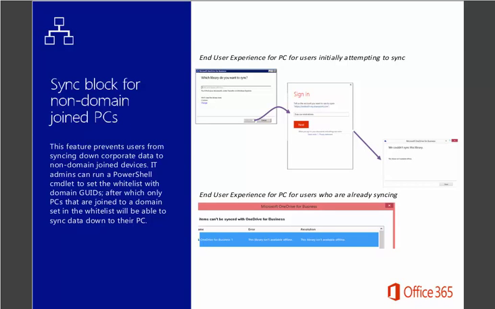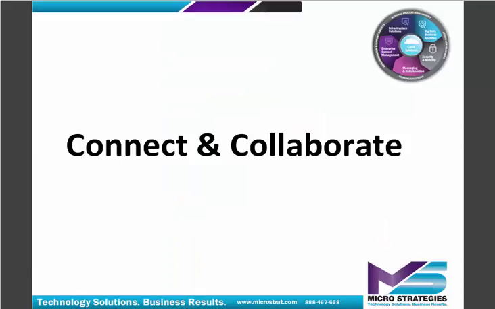So it's fine if everybody has their work laptop and they're synchronizing when they're on the road, they can interact with the content offline. But if you don't want them to be able to go to, let's say, their home PC and start downloading content, automatically synchronizing all the content offline, you can now block it so that only machines that are joined to your domain would be allowed to do that synchronization process and work offline. So that was individual storage for the enterprise and interacting with content.